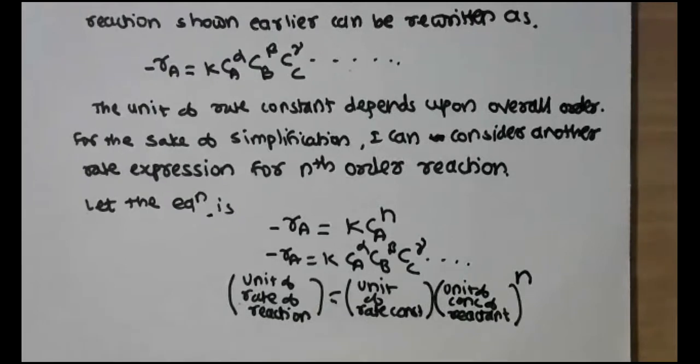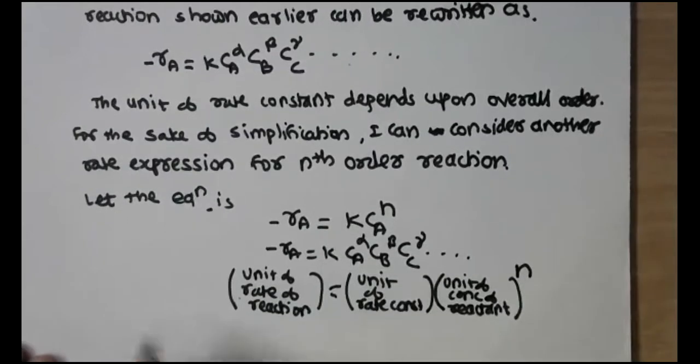Now what to do? There has to be some common variables. We have seen earlier that rate of reaction can be expressed as change in number of moles per unit volume per unit time, or it can also be expressed as change in concentration per unit change in time. So I'll just write that formula for your understanding.